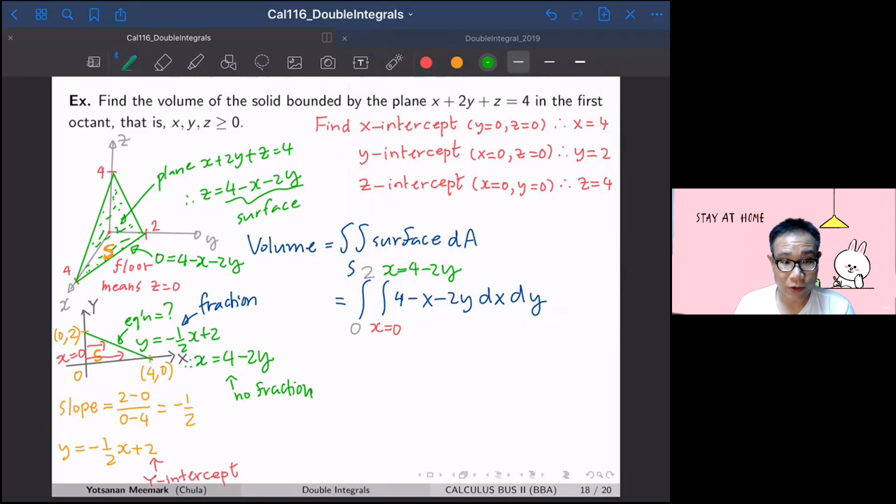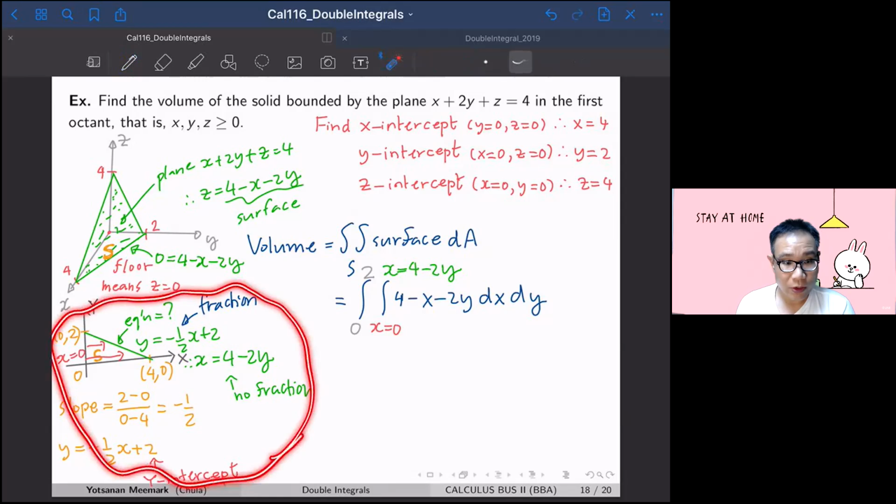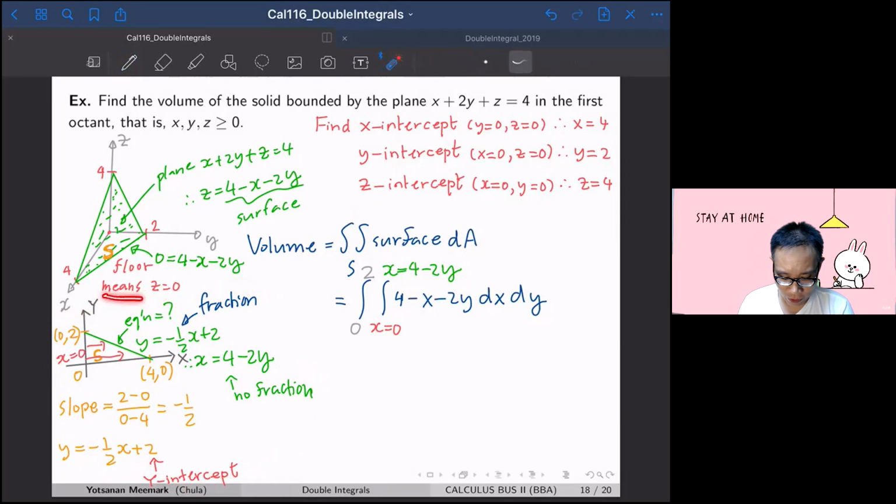Okay, so it's going to be very simple. If you feel that this seems difficult, you just think that on the floor means z equal to 0, and you just put 0 here for z, and you see that you get the equation correctly.